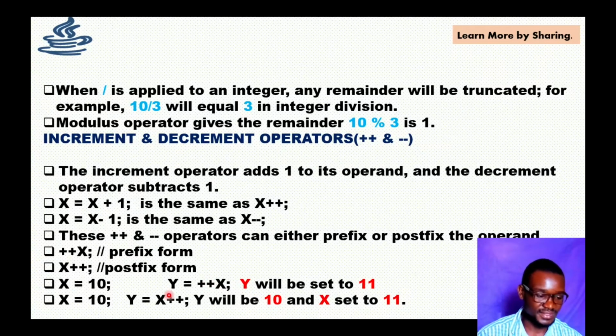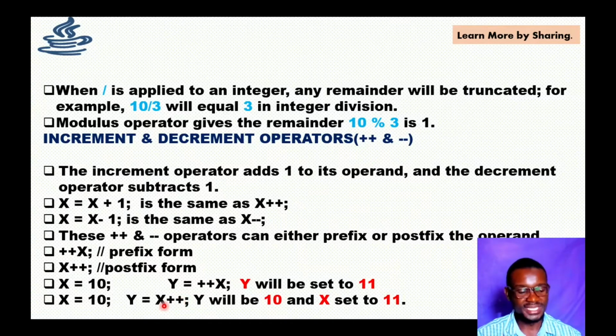That's the prefix. So let's look at this other form, which is the postfix. We set x to 10, and then we have y, and when we use the postfix form, the increment will be done after y.